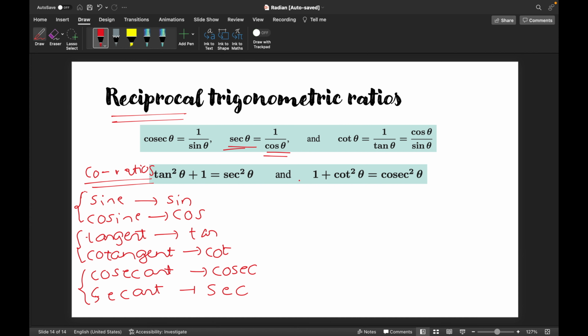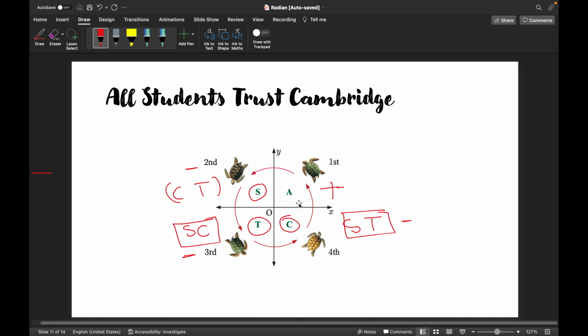Okay, so now that we've gotten this, let's look at trigonometric identities. These are the trigonometric identities, along with cos squared theta plus sine squared theta equals 1. So we know this one because of the unit circle. I'll show you the slide.